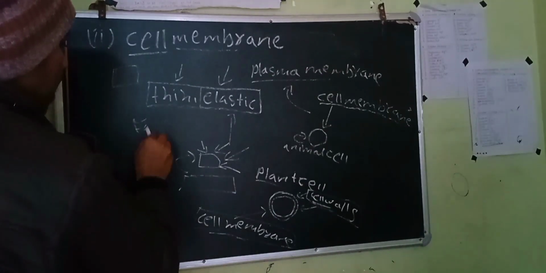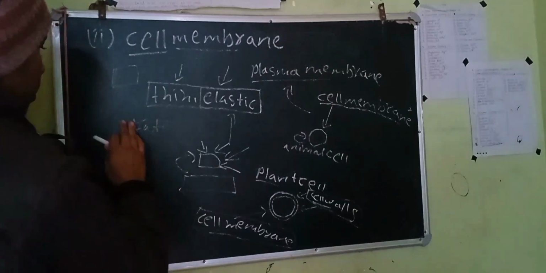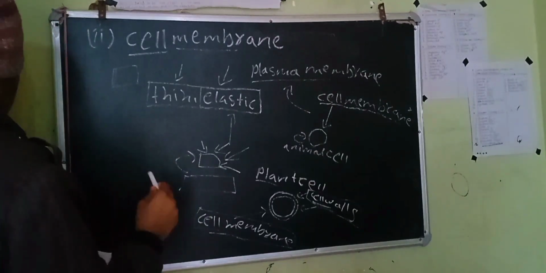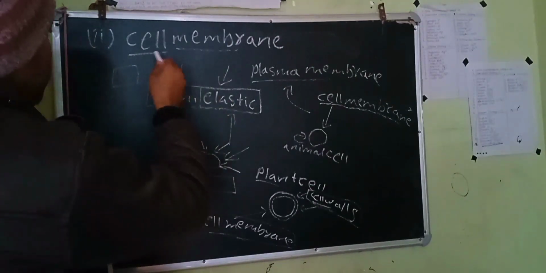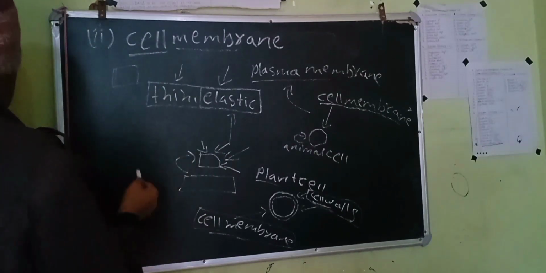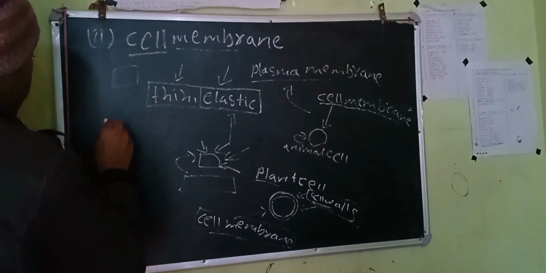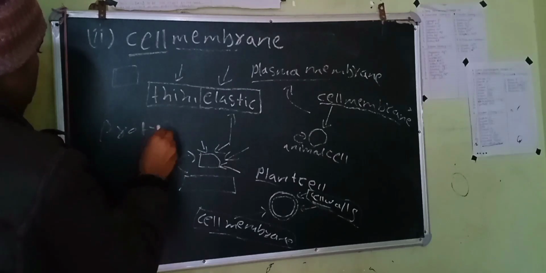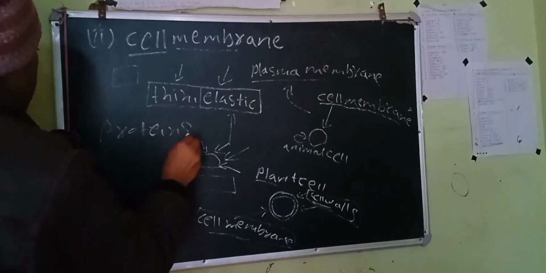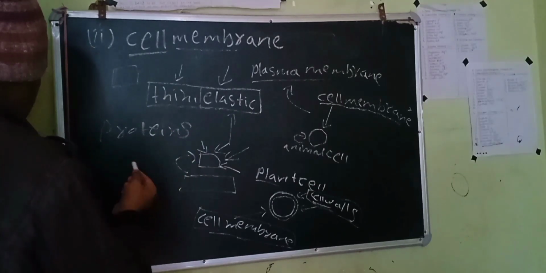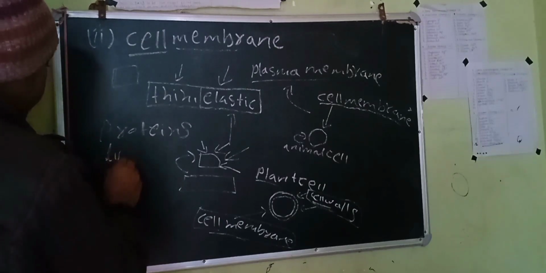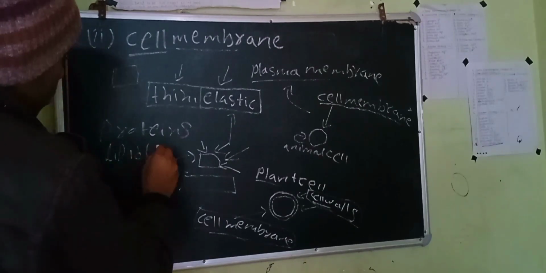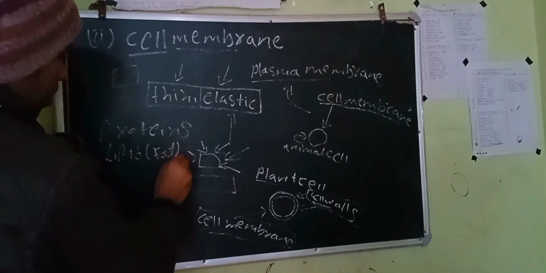Liquid in the form of fat, right? Fat in the form of liquid, you can say that. So in animal cells, the cell membrane is made up of what? They are made up of proteins. Proteins, you already know what these things are, and liquid, which is a fat, right?